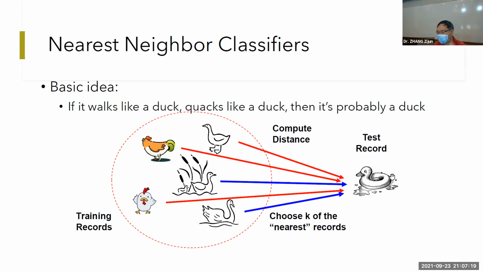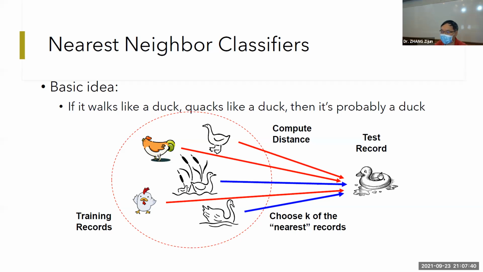So we want to classify this test record and we check a number of its neighbors. This could include, like, two chicks and 3 ducks. Then we use a voting scheme and consider that this record is a duck.